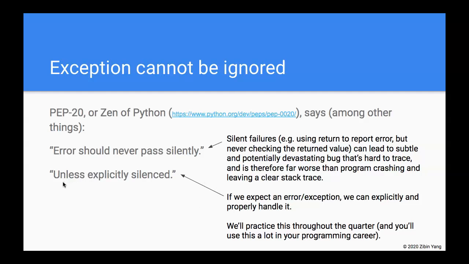And the second thing it says here, unless explicitly silenced, just means that if we expect an exception can occur, then we should explicitly handle it. So that's all I'm going to say about exceptions for now, and we will continue to use exceptions a lot throughout the quarter, and I'm sure you will use exceptions a lot as you do more and more programming.